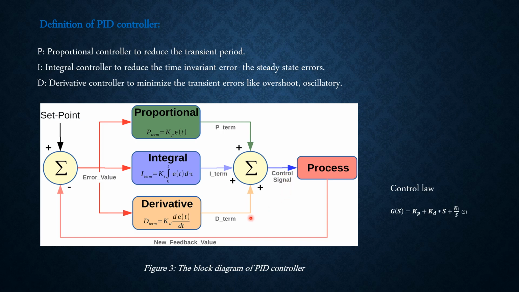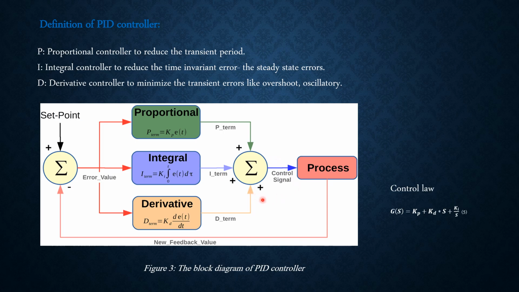A PID controller, short for proportional integral derivative controller, is a feedback control system commonly used in engineering and industrial applications. It helps regulate a process by adjusting a control input based on the difference between a desired set point and the current process variable.